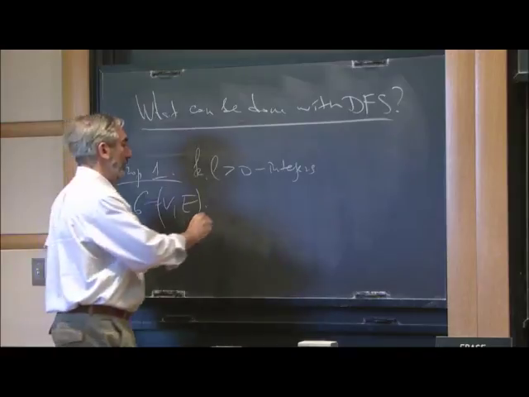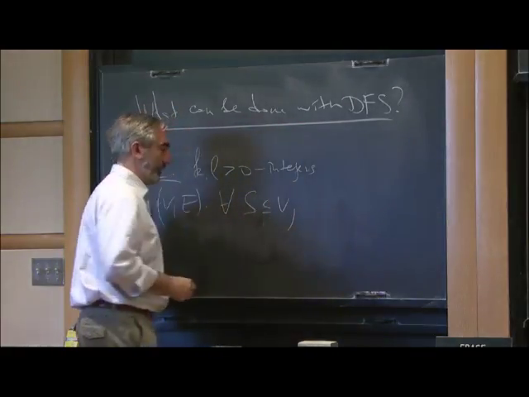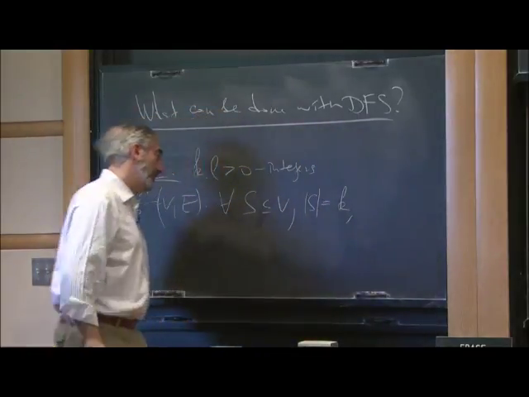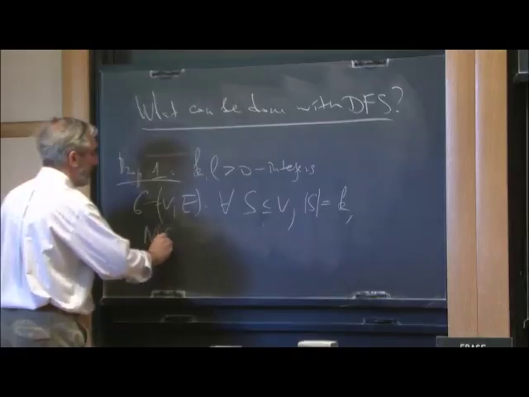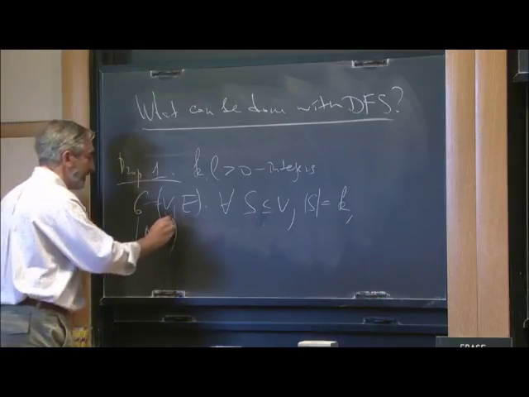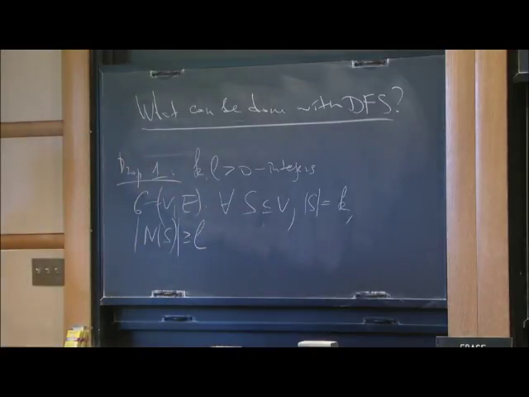If you look at any subset of vertices S of V of cardinality exactly k, we know that its external neighborhood, that's my notation for the set of vertices outside S who have at least one neighbor inside, is of size at least L. There's some kind of expansion assumption.